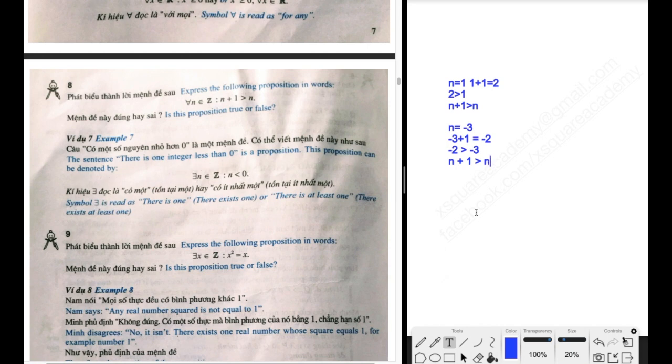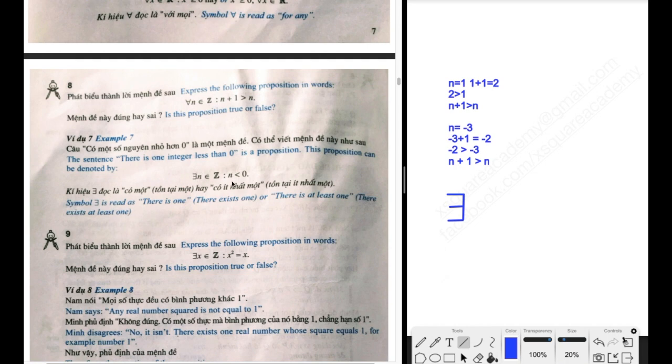The symbol, as I read for you, the E, but reversed, reads as there is one, there exists one, or there is at least one, or there exists at least one.